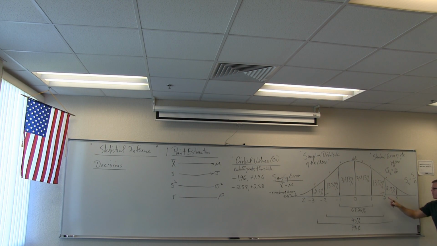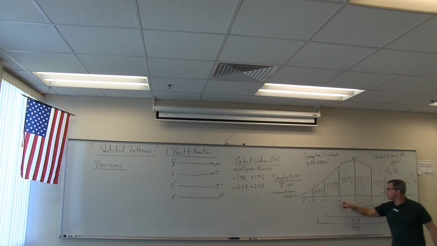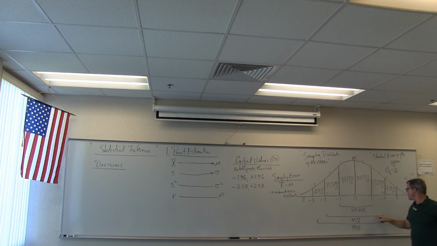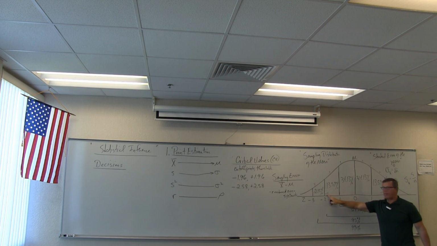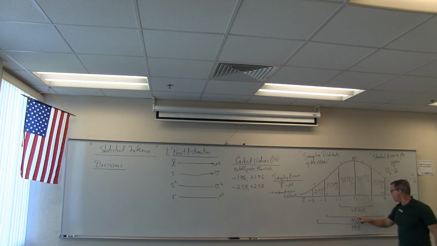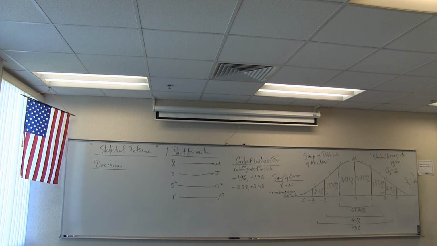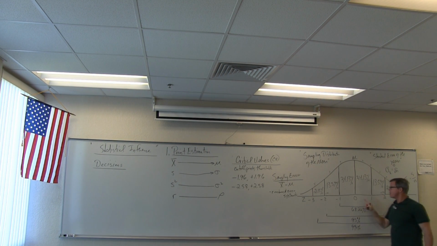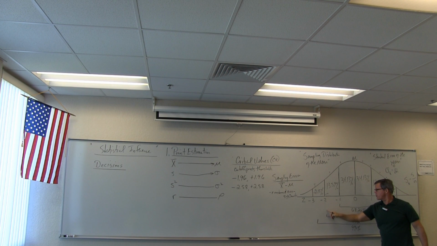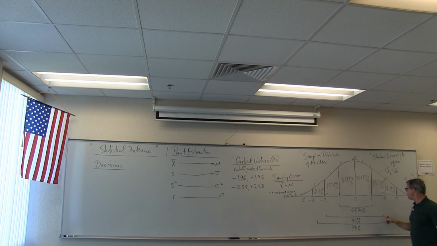The 1.96s are the cutoff points which constitute 95% of the area under the sampling distribution of the mean. Do I need to repeat that again? I probably should. The 1.96s are the cutoff points which constitute 95% of the area under the sampling distribution.